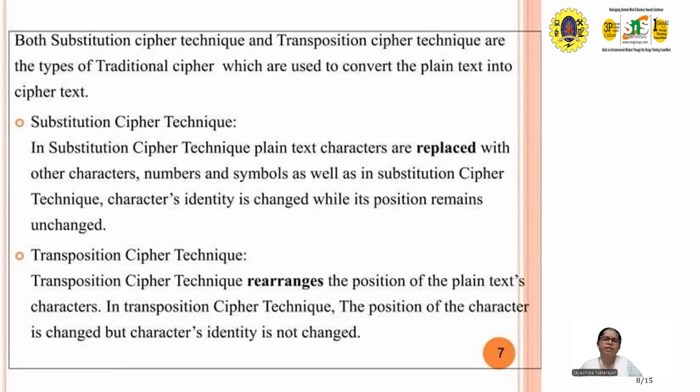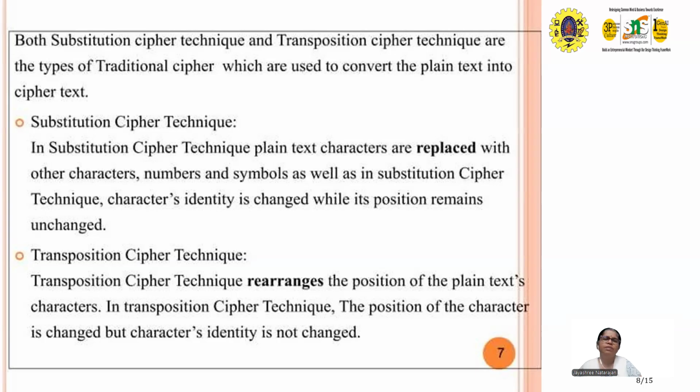Classical encryption techniques are divided into two major categories. One is substitution cipher. The second one is transposition cipher. In substitution cipher, each letter in the plain text is replaced with other characters, symbols, or numbers.